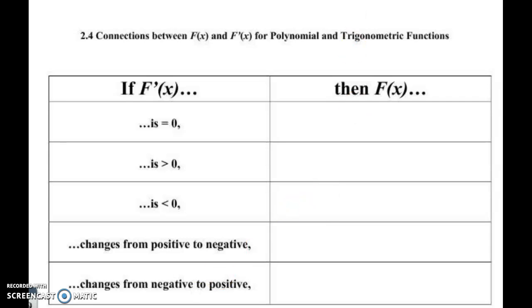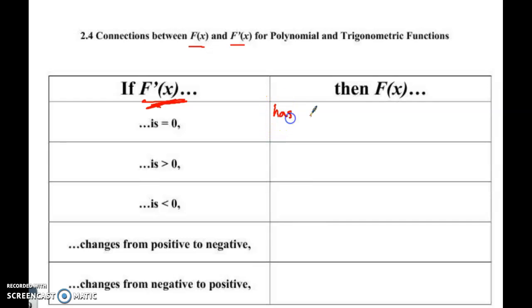Okay, so what we're going to be looking at now is the connection between a function and the derivative of all polynomial trig functions. What we examined before is that when the derivative is equal to 0, the function has several possibilities.